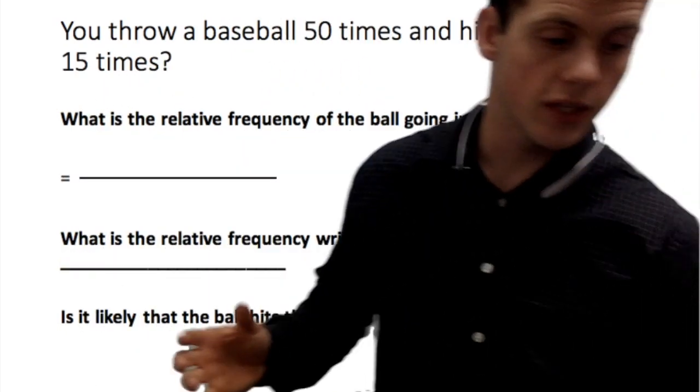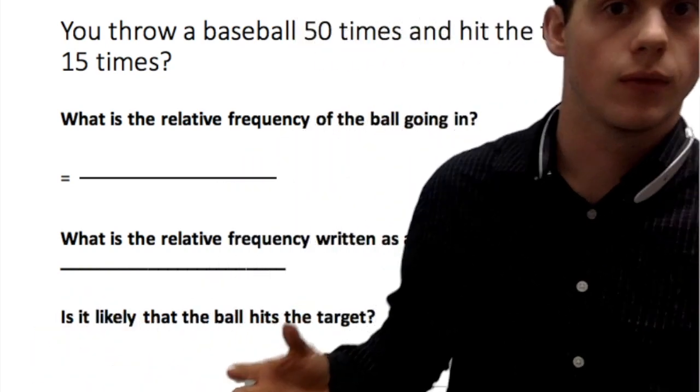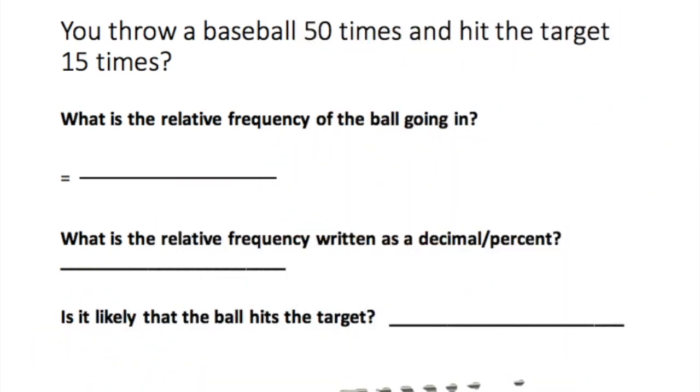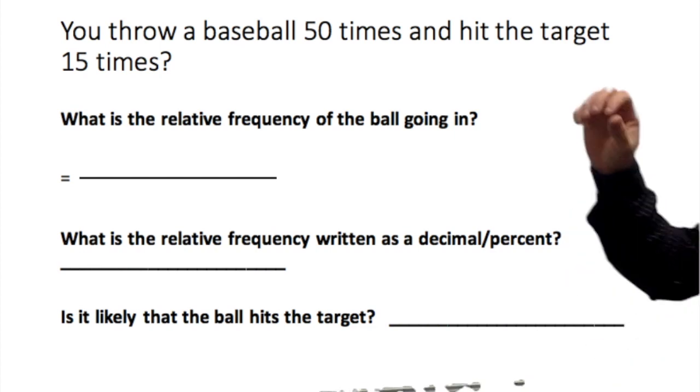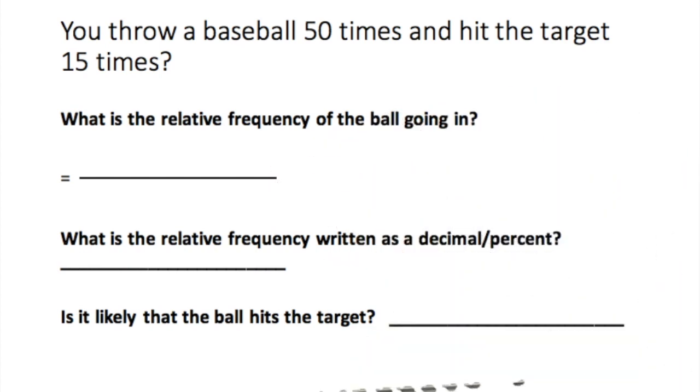Let's look at another example of relative frequency. So this problem says, if you throw a baseball 50 times and you hit the target 15 times, what is the relative frequency? And is it likely that you're going to hit the target again?